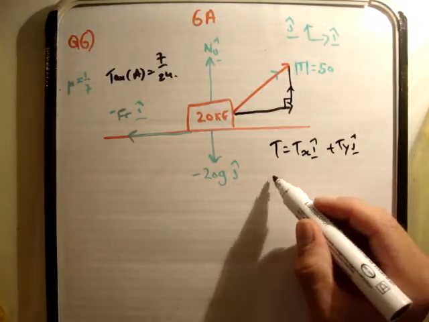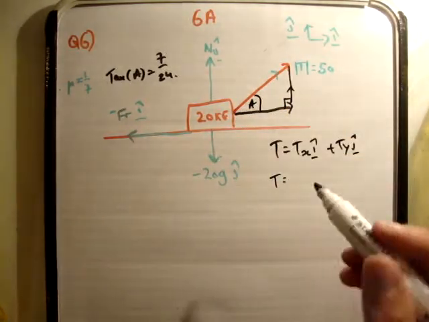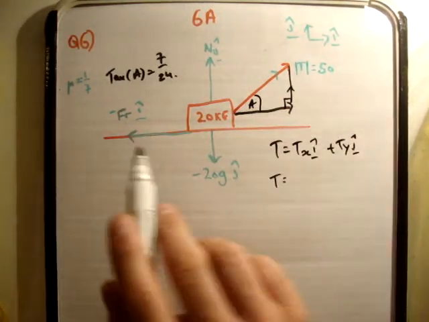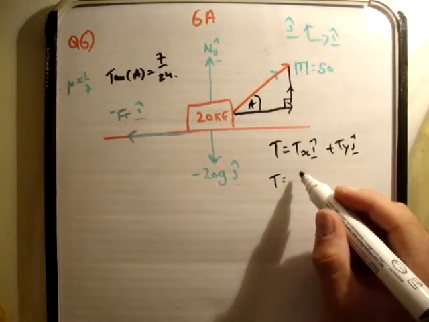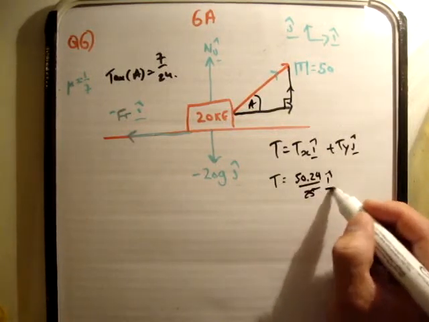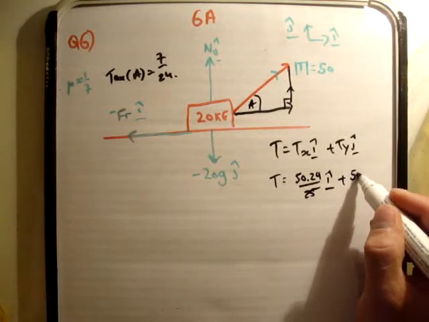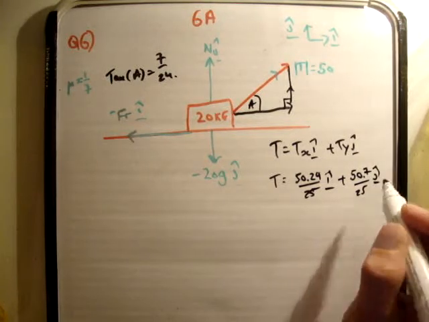Alright, so T is equal to T times the cosine of A for the i hat component, and if tan A is equal to 7/24, then the cos of it, excuse me, is 24/25. So it's going to be 50 times 24/25 in the i hat direction plus 50 times 7/25 in the j hat direction.